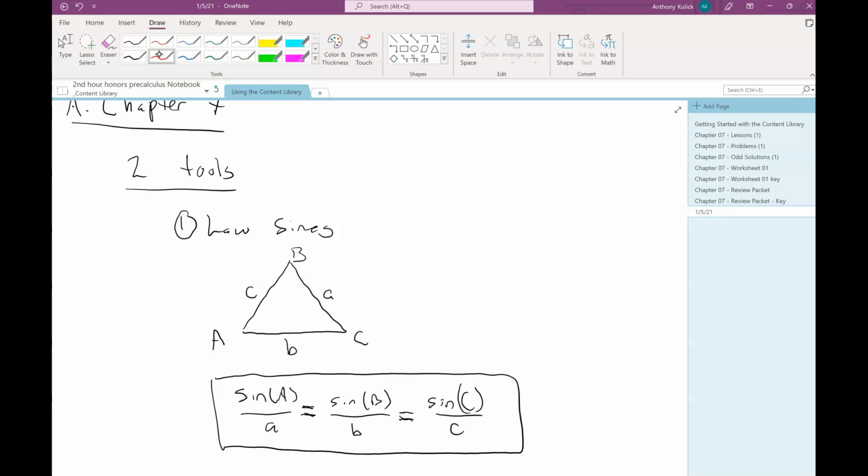Sound good? All right. So what we're going to do is pick one of these angles. Let's say angle B. And I'm going to draw a perpendicular line from angle B to that opposite side.